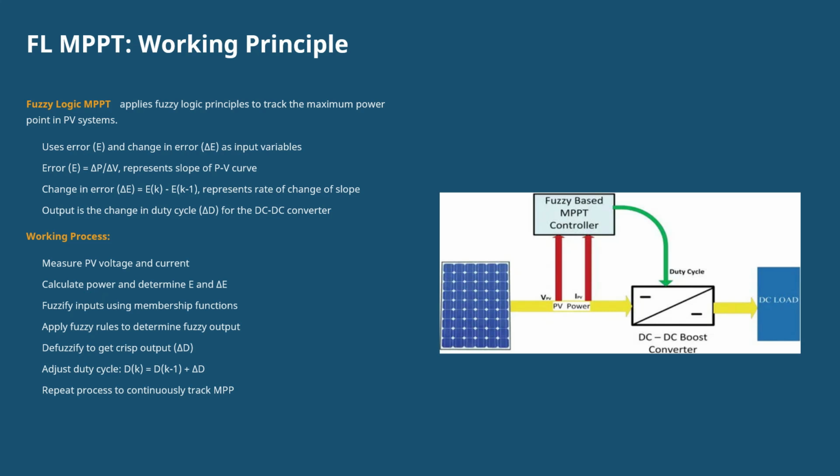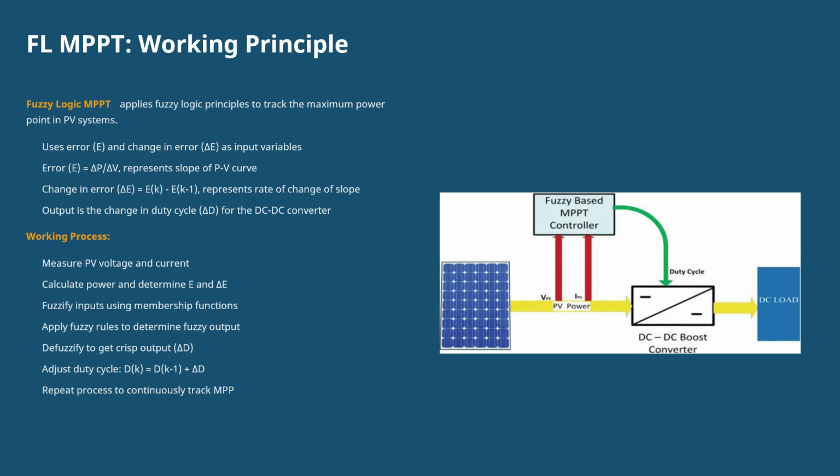Defuzzify this output to get a precise duty cycle. Update the converter duty cycle accordingly. This loop runs continuously, adjusting the operating point to follow the MPPT even as the environmental conditions vary.